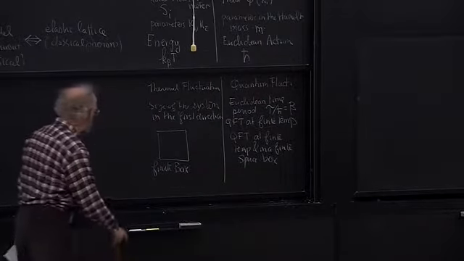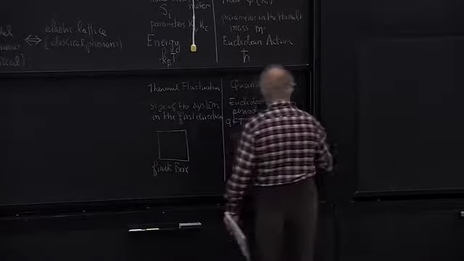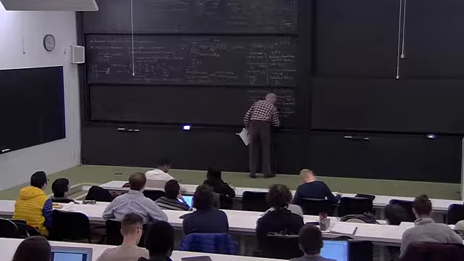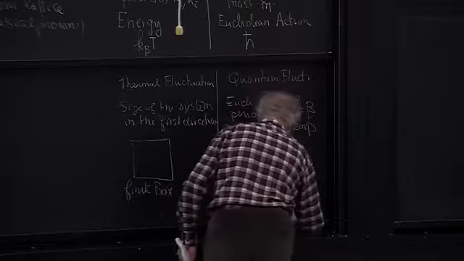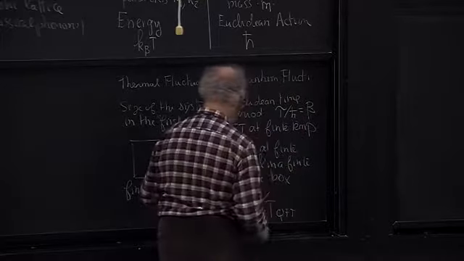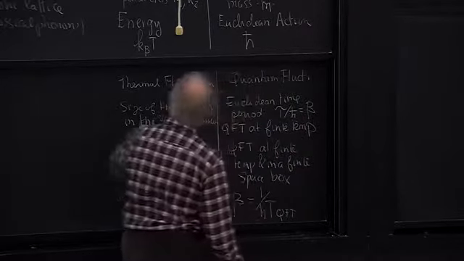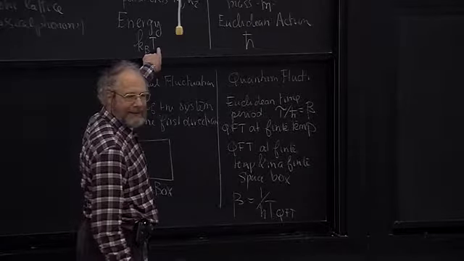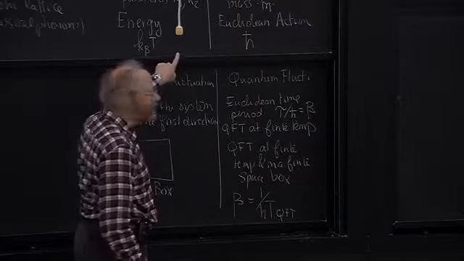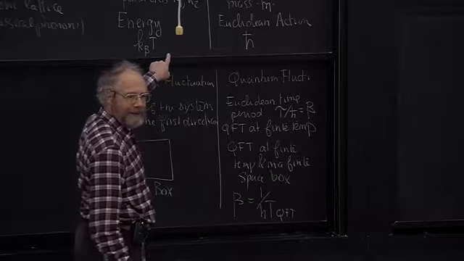But the temperature of the quantum system, let's call it beta equals 1 over h bar T, quantum field theory, is not the same parameter as the temperature of the spin system. Those are two completely uncorrelated parameters.